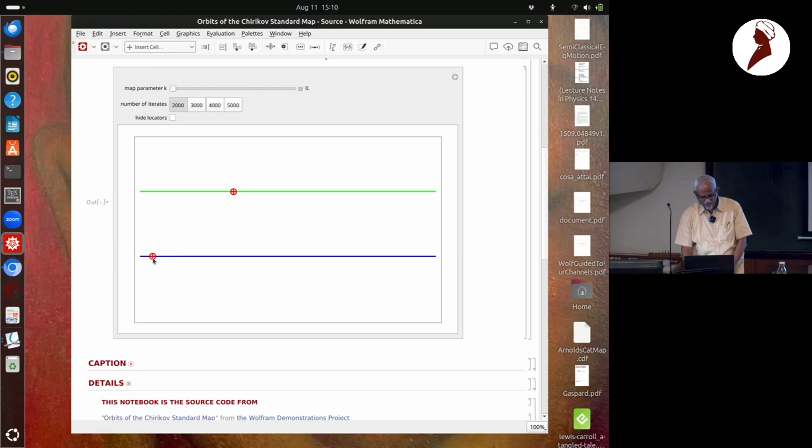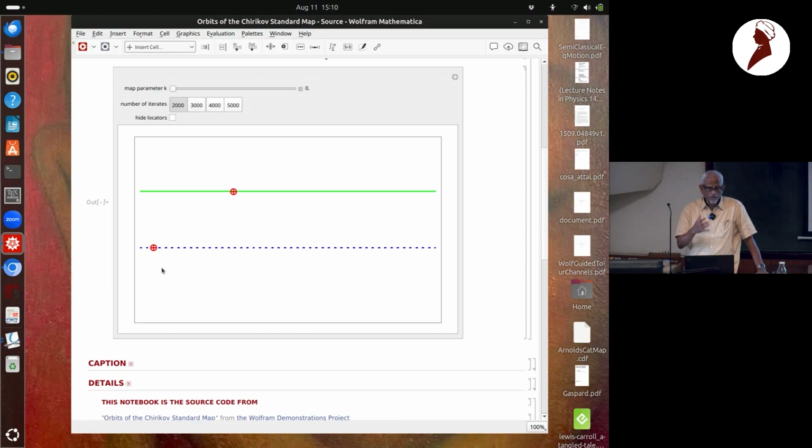As I shift this, you can see that sometimes it's appearing as some dotted line. Exactly. So you are now close to a rational number in the momentum. Then you're close to rational tori. So this is what I said, that rational and irrational are intermixed in a very complex way, just as rational and irrational numbers are.